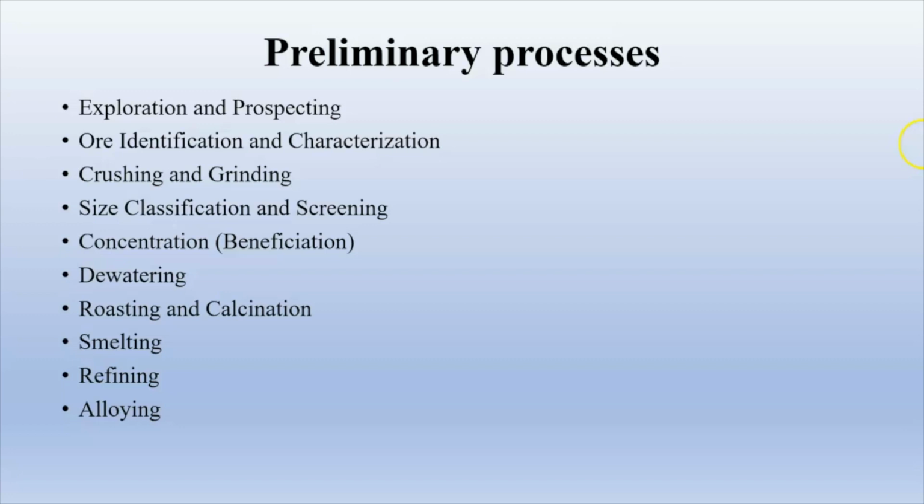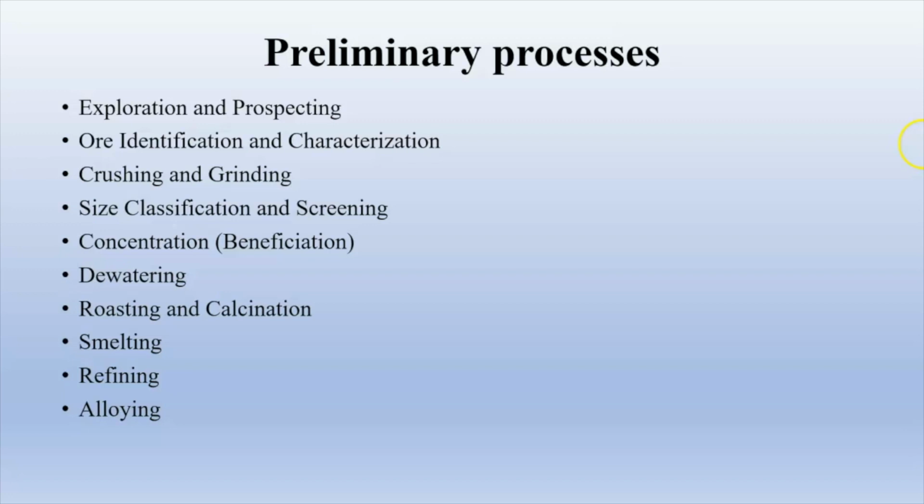In metallurgy, the preliminary processes are the initial steps that are to be carried out before the actual extraction or refining of metals from ore or raw materials. These processes are crucial in preparing the raw materials for efficient and effective metal extraction or refining. They help in reducing impurities, thereby enhancing the concentration of metals and optimizing the overall efficiency.